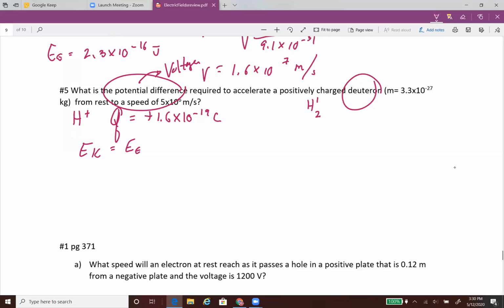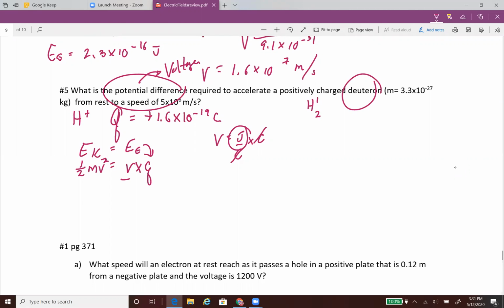And if you remember, the voltage is the amount of energy per coulomb. So the electrical potential energy will be the voltage times the charge, because if volts is joules per coulomb and we multiply that by coulombs, you get your electrical potential energy. So we could say the kinetic energy is equal to the voltage times the charge. That way we could rearrange and solve for that voltage, which is the potential difference.